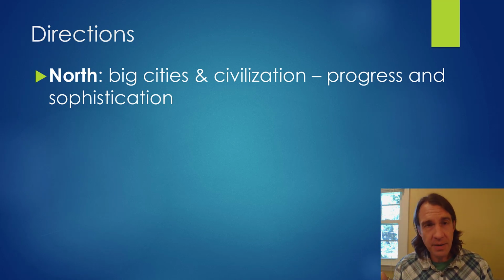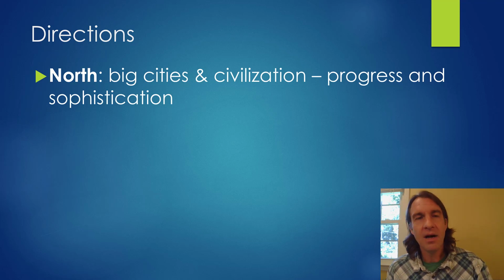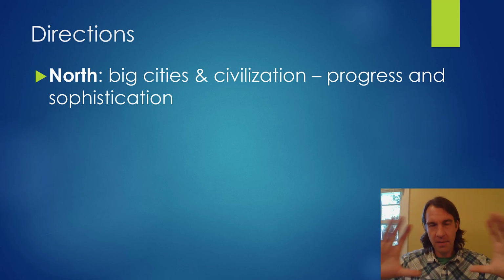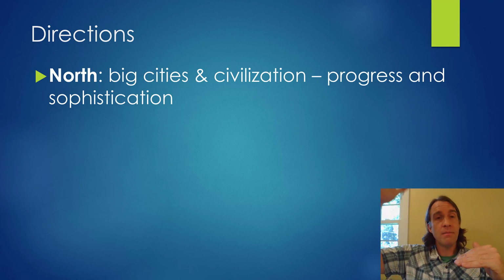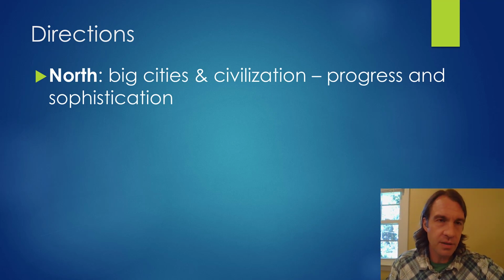For a lot of these patterns, there's a positive and there's a negative. The negative there is that there are too many people, and it's smog and stuff, and maybe they're just presumptuous, not actually fancy. Typically, though, if you look at a map, you're moving up, and so that's what north often represents.